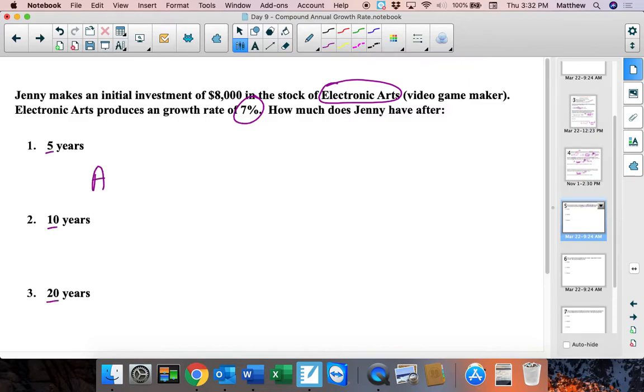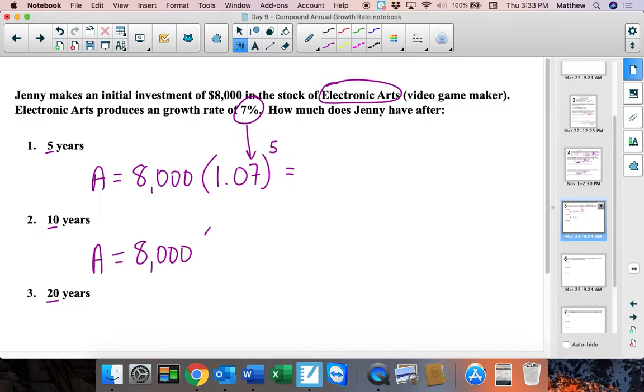So the amount is my principal, which for Jenny, she saved up and found $8,000, times 1.07, right? 7%, 1.07, all raised to the 5. Then for 10 years, it's going to be the initial amount, or principal, times 1.07 to the 10th power.